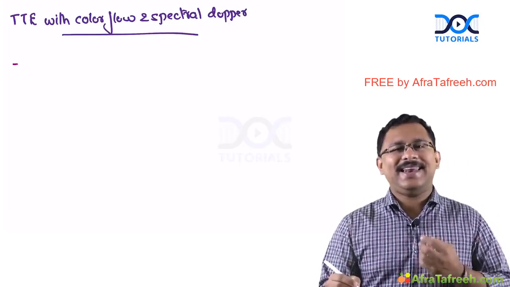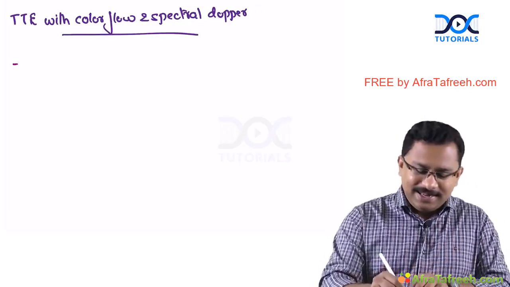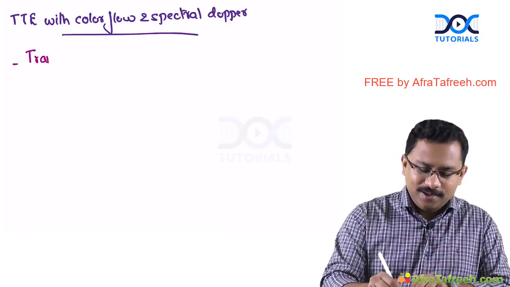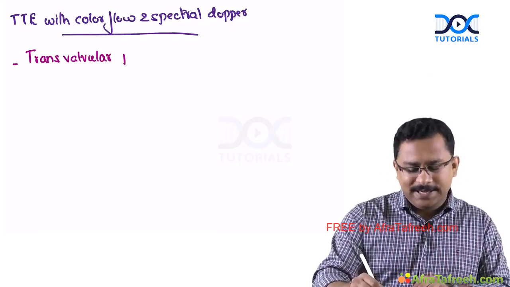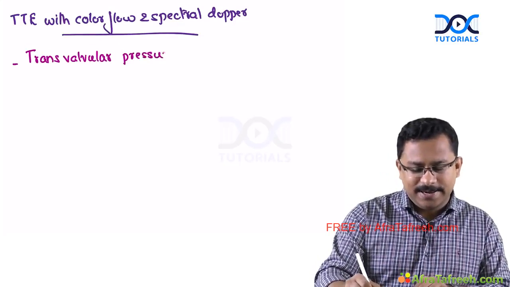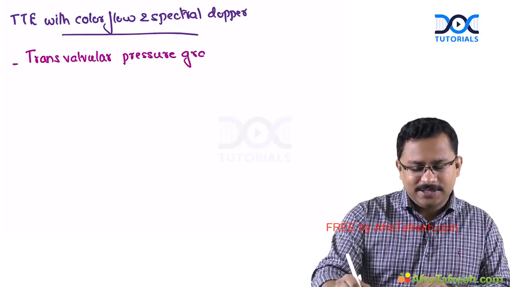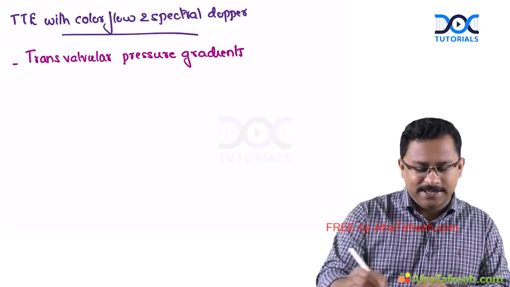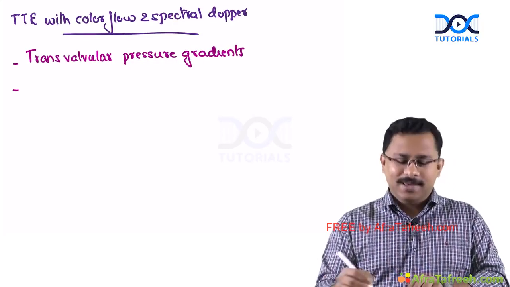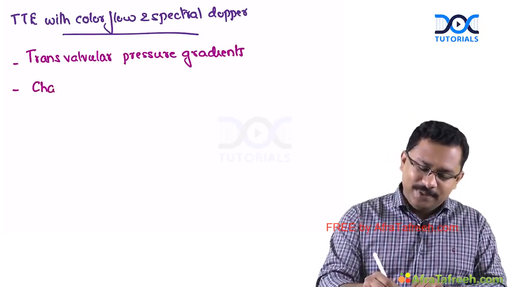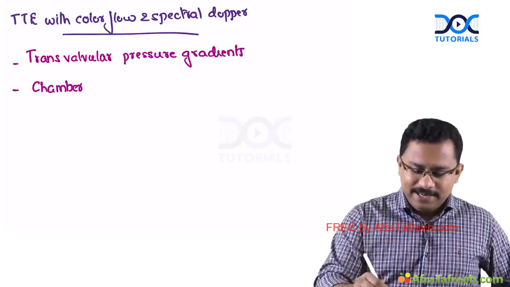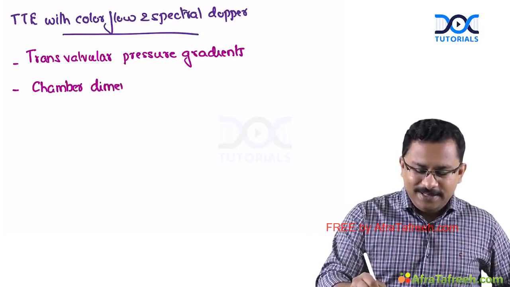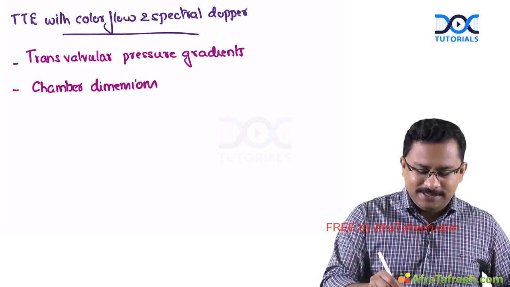One is that you can identify the transvalvular pressure gradients. You can also identify the chamber dimensions, whether there is enlargement of the LA, RV, and so on.